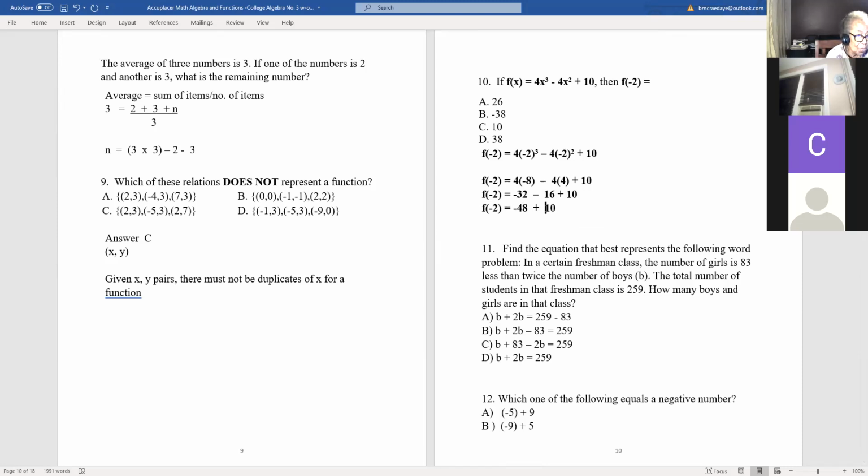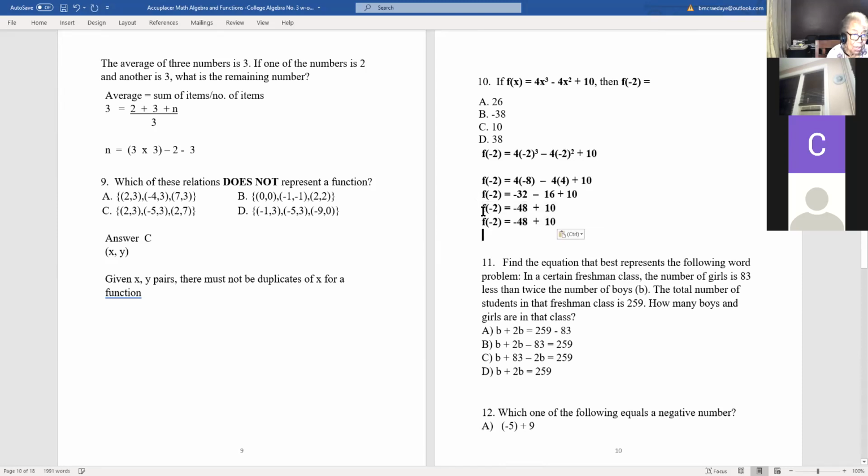Because 32 and 16 is like signs, you add them. So you're going to get a minus 48 plus 10. And what's that equal to? A minus 38. Right, that's it. When you're subtracting, you keep the sign of the bigger number. So the answer is minus 38, I think it's B.